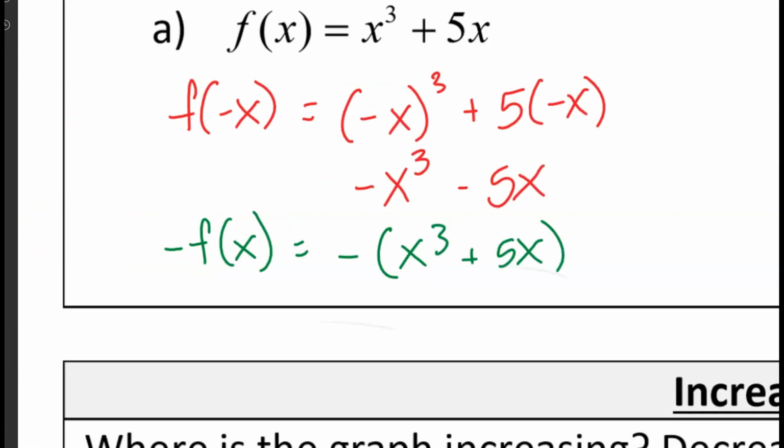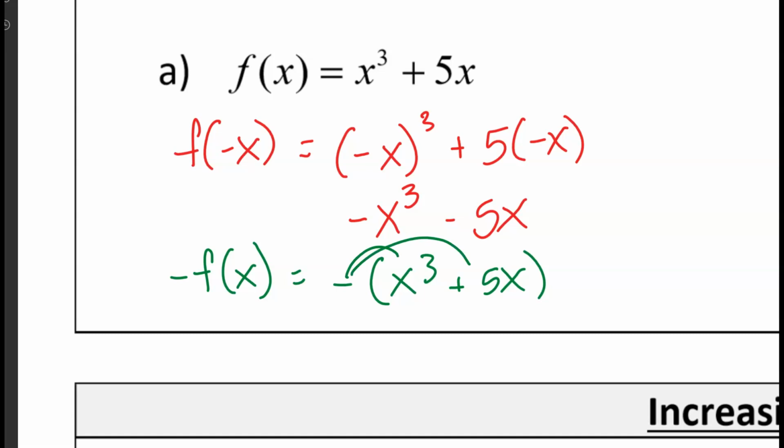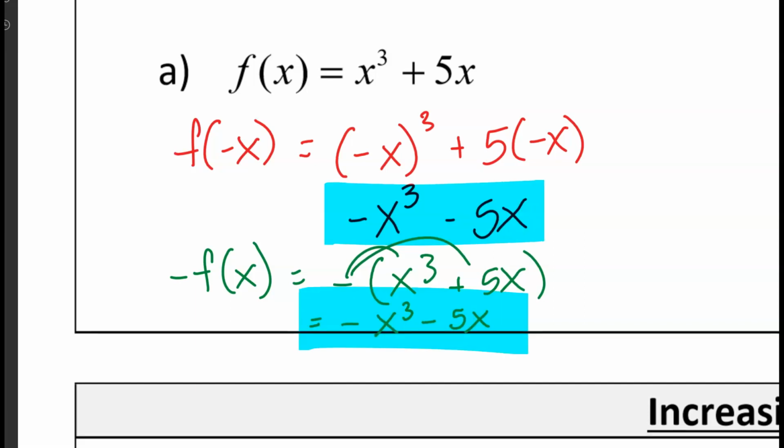And I just distribute the negative in, and it becomes negative x cubed minus 5x. So, is this an odd function? Yeah, because these two, f of negative x and negative f of x, ended up with the exact same thing. So it is an odd function.